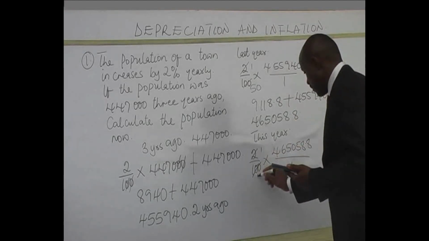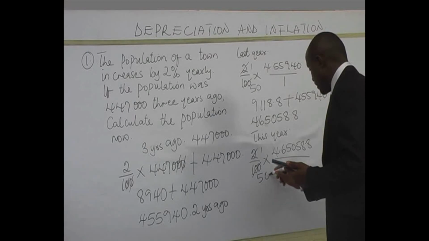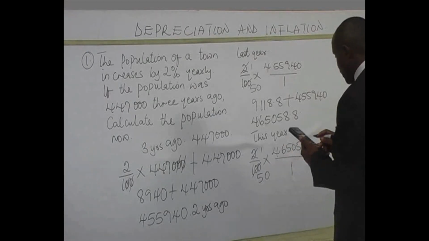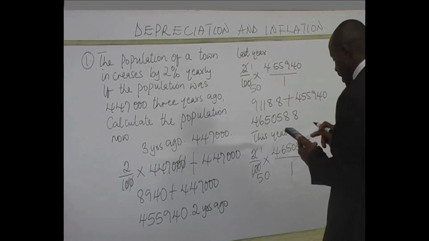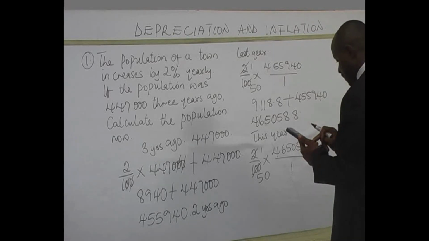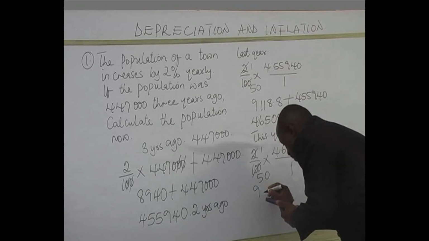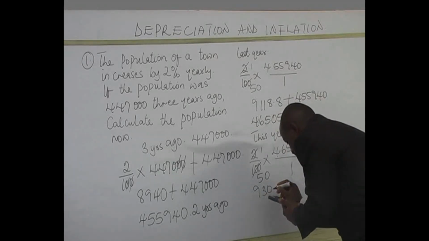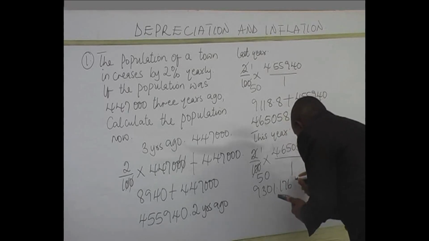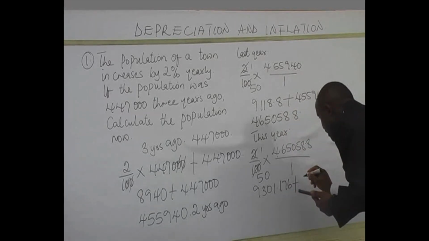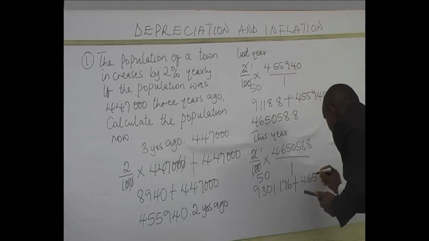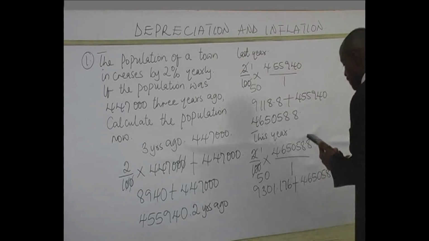This is 1, this is 50. Divide this by 50. 465,058.8 divided by 50. It's giving us 9301.176. Then add it to the population of last year, which is 465,058.8.